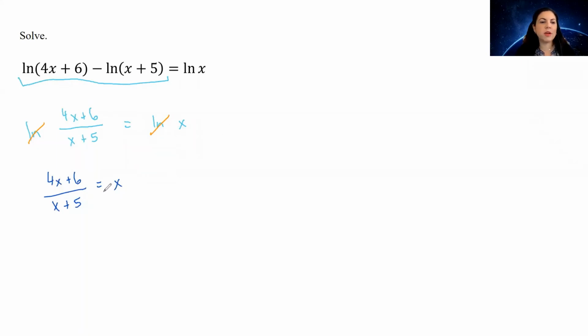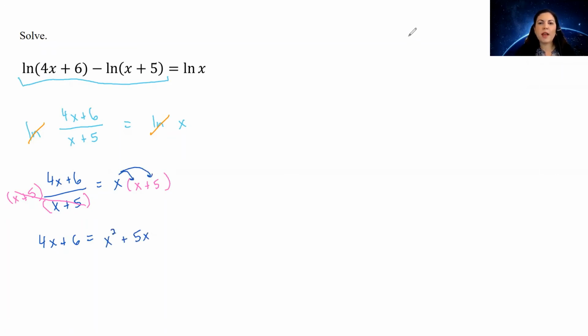So now algebraically, since we have a quotient here, since we're dividing by x plus 5, let me go ahead and multiply that on both sides, so we can just get rid of that fraction. So now I have 4x plus 6 equals, I'll distribute here, x squared plus 5x.